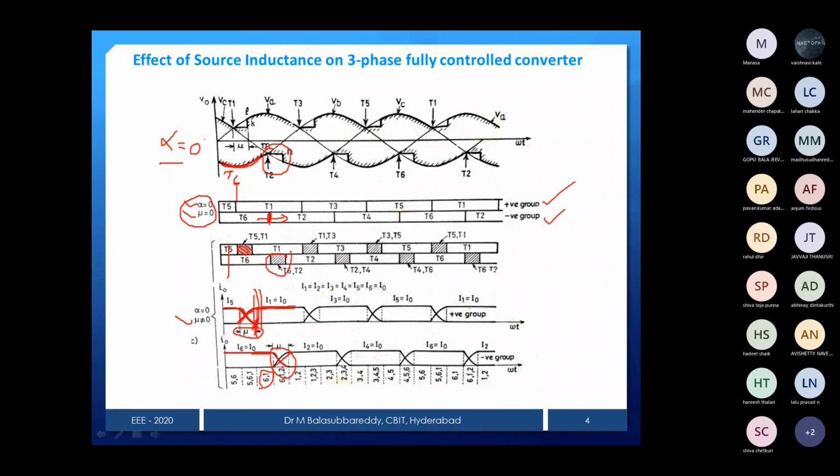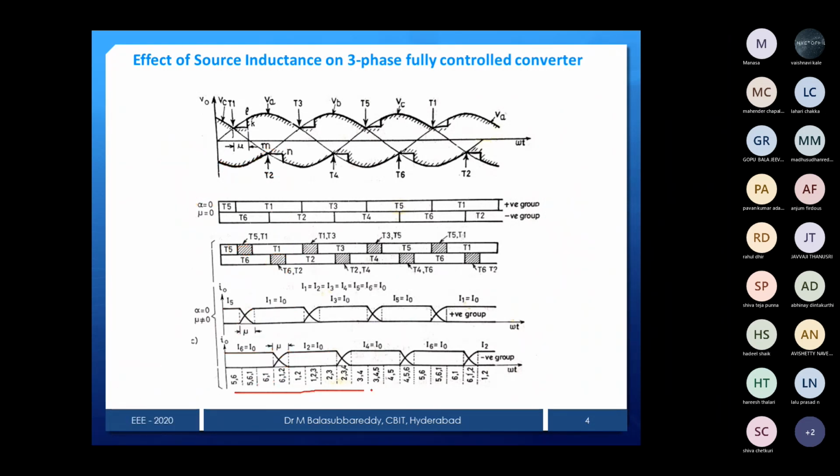After overlap, what will happen? 6 device will be completely turned off and 2 device will be completely turned on. That's why only 1 from the positive group remains, therefore only 1 and 2 will conduct. So this is the way it conducts.